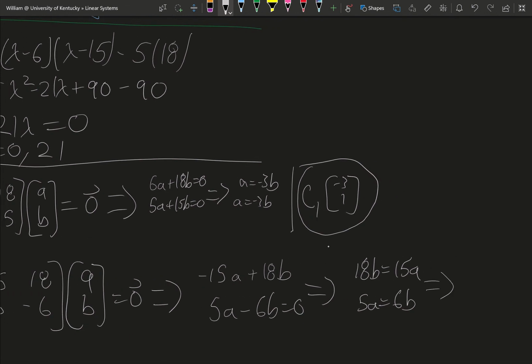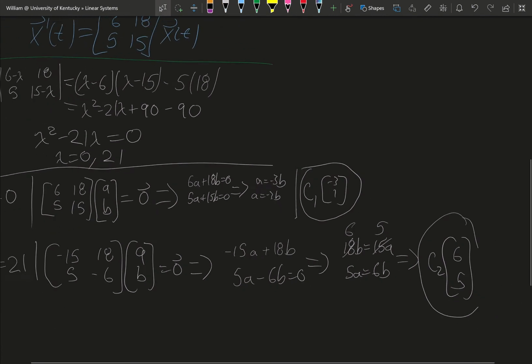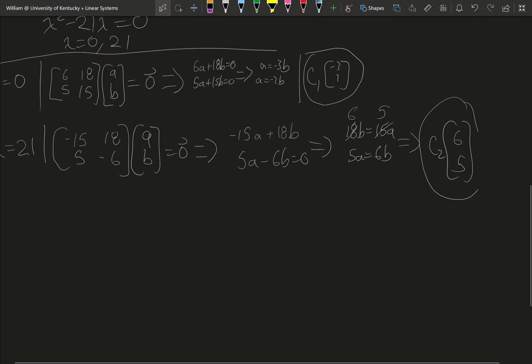And I see that over here, if I divide this top one by 3, I get 5 and 6. And so I end up with the same thing. Again, just doing the swap method, coefficient of a is 5, so that's what b is, and coefficient of b is 6, so that's what a is. And that is my second eigenvector.